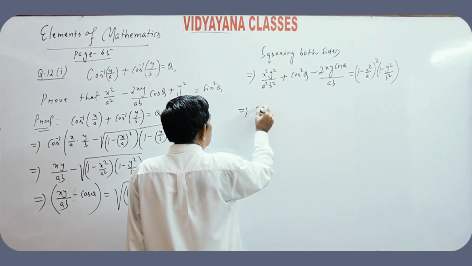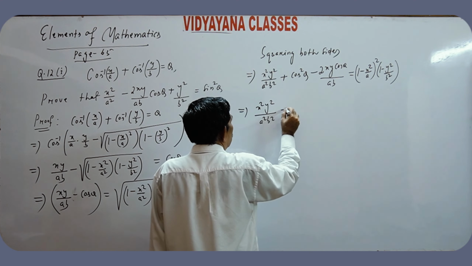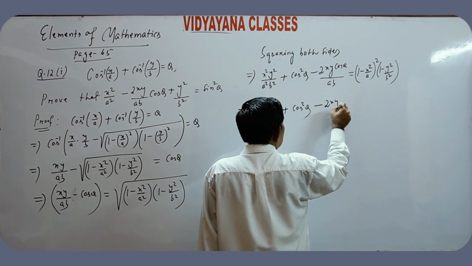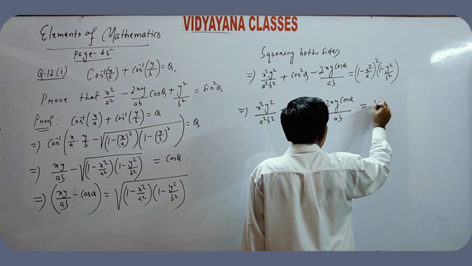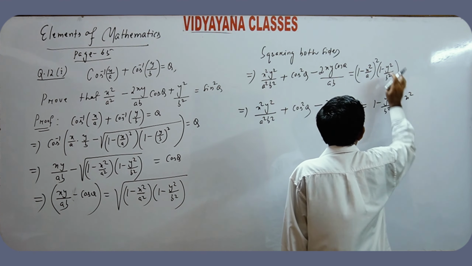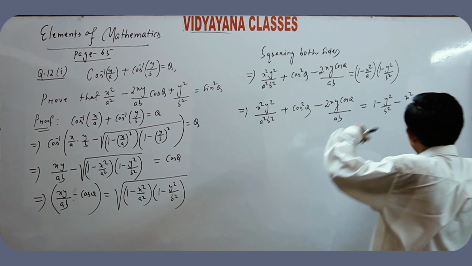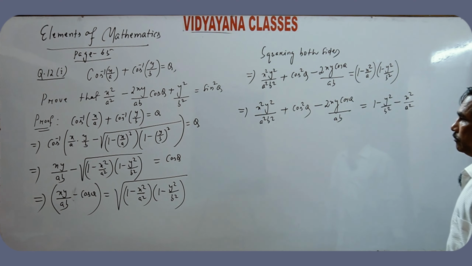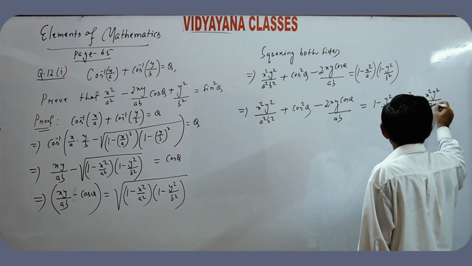which implies x square y square divided by a square b square plus cos square theta minus 2xy cos theta divided by ab, which is same as 1 minus y square by b square minus x square by a square plus x square y square divided by a square b square.